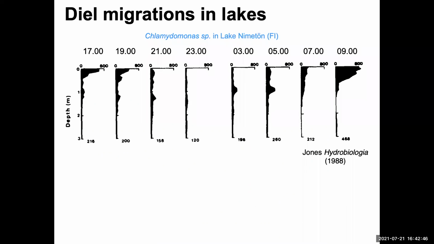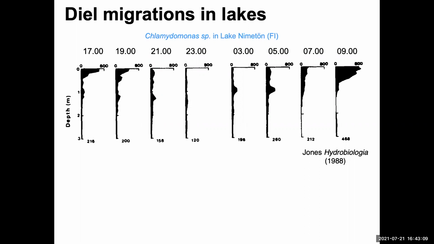So this was a sort of lab example, but an example where you get a day-night cycle with swimming migration of cells is the so-called diel migration in lakes.